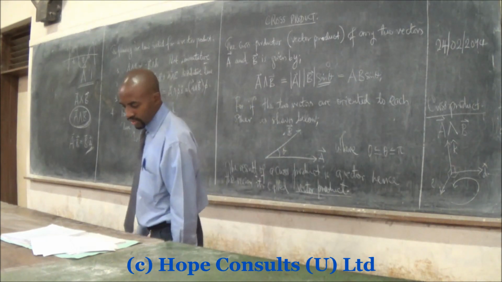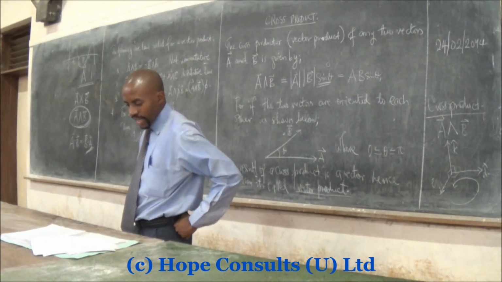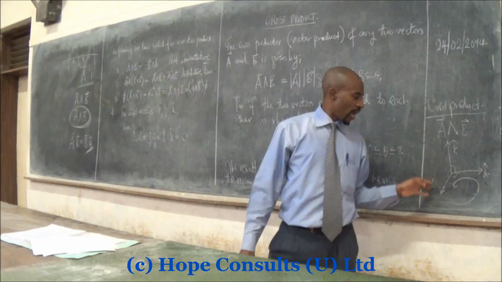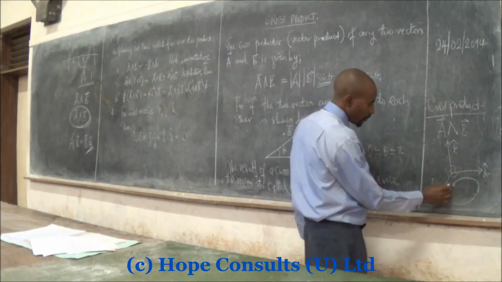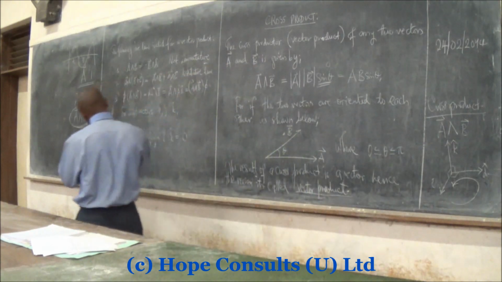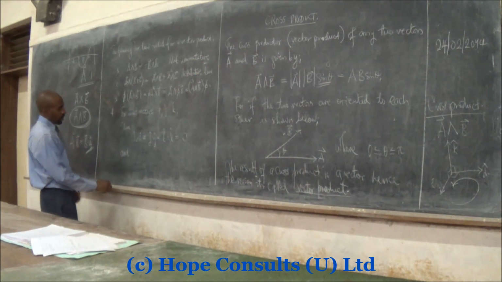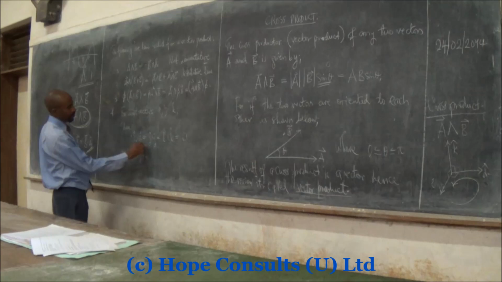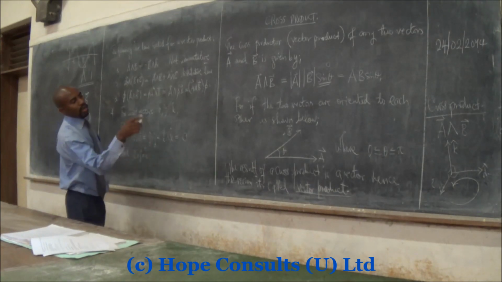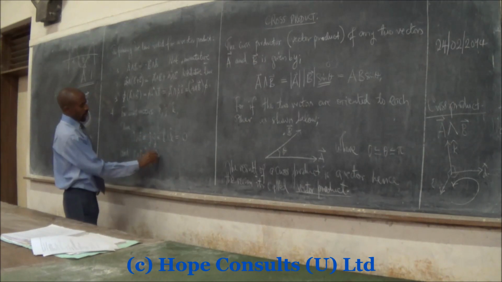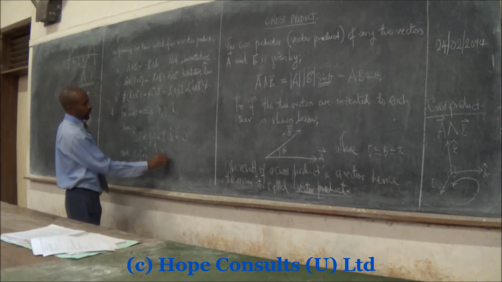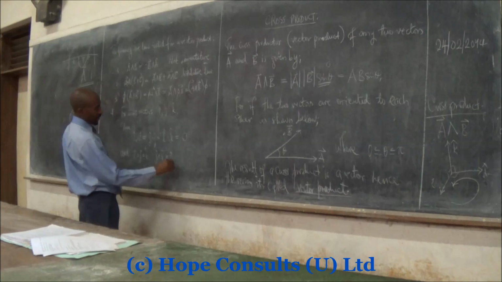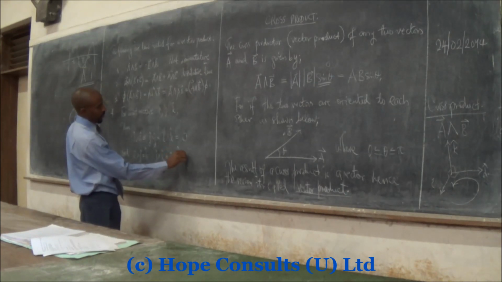So I cross J gives a K, J cross K gives an I, and K cross I gives a J, if you flow anti-clockwise.